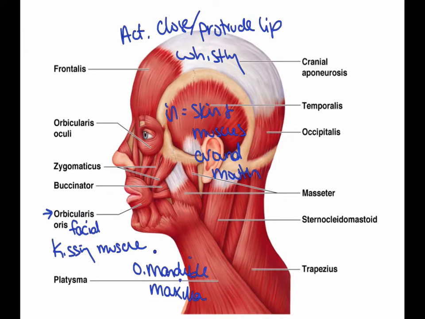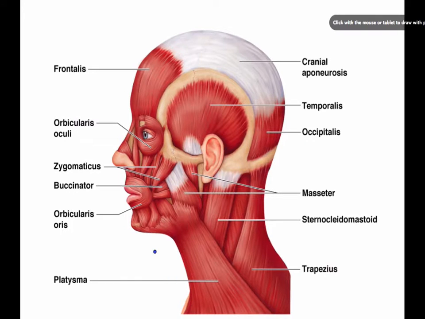Okay, so far we've gone through Frontalis, Orbicularis Oculi, Orbicularis Oris. Let's see, I think let's go through the Zygomaticus. Okay, so the Zygomaticus is going to be here and here. When you actually go through and color your study guide, there is a major and a minor. But as far as you need to know, you just got to know that there is a Zygomaticus. This is also a part of the facial classification. And the description is that it's going to span from the cheek to the lip.